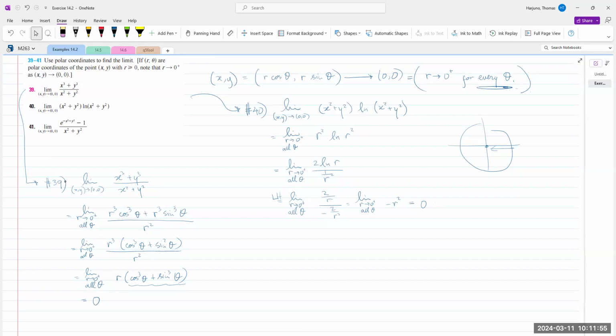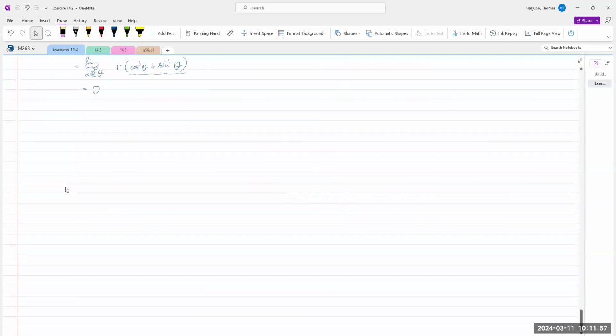Now, I want to show you what happens when you try to use this technique here, for example, on the limit as (x, y) goes to (0, 0) of xy over x squared plus y squared. We know the limit does not exist because along the x-axis it is 0, but along x equals y, it's 1/2, right?